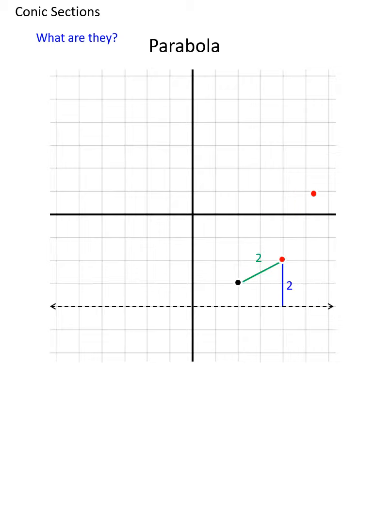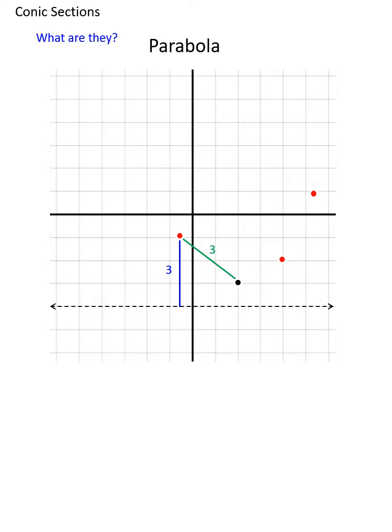Here's another point on the parabola. Why? Because when you compute the distance to the line and then compute the distance to the given point, they're also the same. Now notice they're not 5 in this case, they're both 2, but they're the same distance. And that qualifies this point to be on the parabola defined by this given structure.